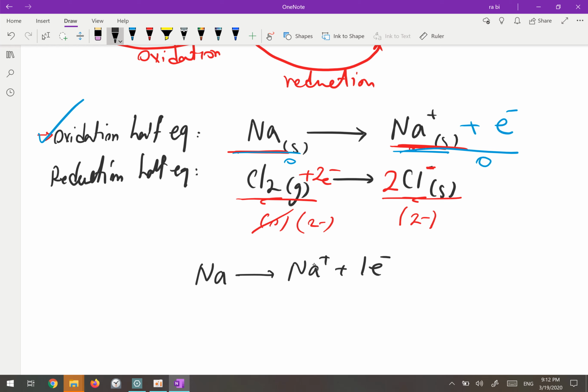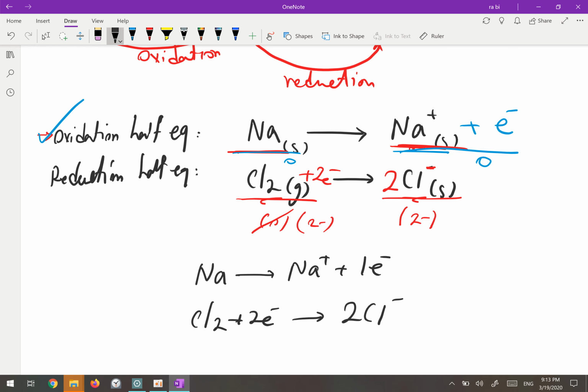So if you're balancing the oxidation half equation and the electron appears at the left side, you must know that you have done something wrong. And let's write the reduction half equation: Cl2 plus 2 electrons converts to 2 Cl-.